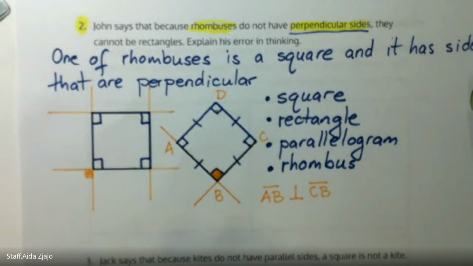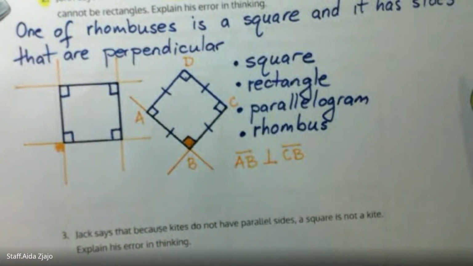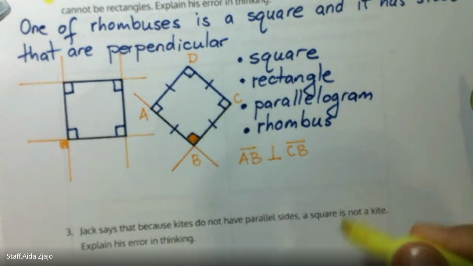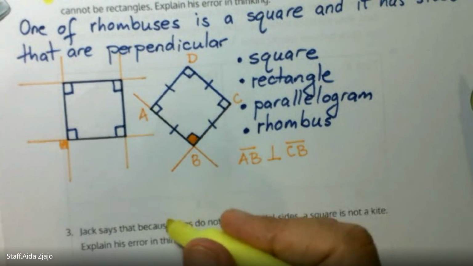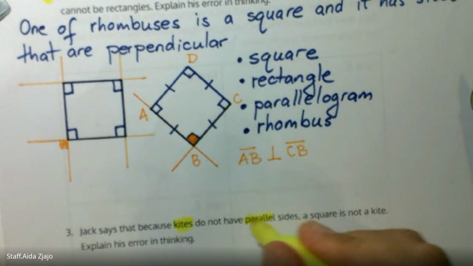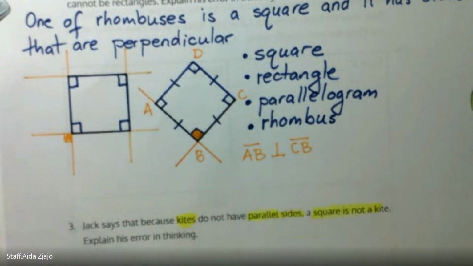Okay. Jack says that because kites do not have parallel sides, a square is not a kite. Okay, so it's the same thing. Explain his error in thinking.